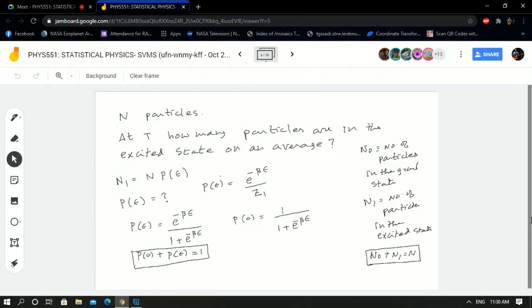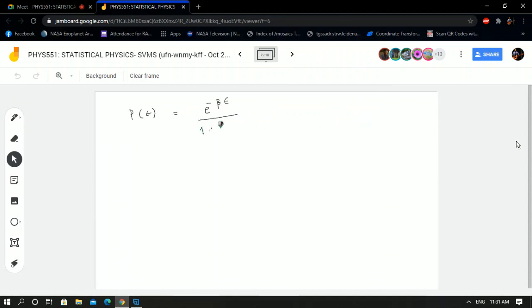Now that we have p of epsilon, the probability of the excited state, as e to the minus beta epsilon divided by 1 plus e to the minus beta epsilon. Okay. Now let me ask you a question.